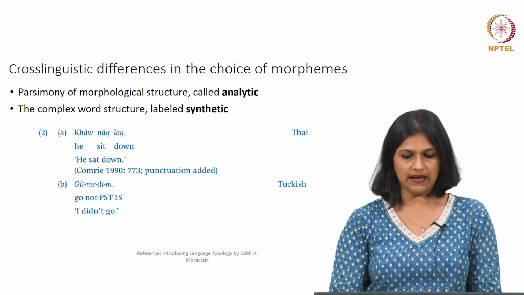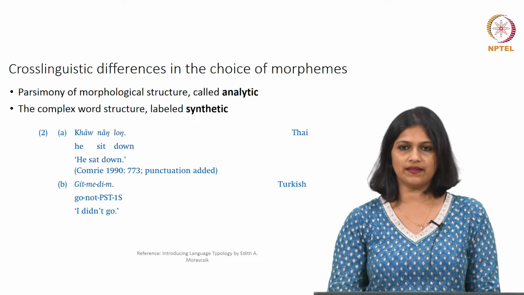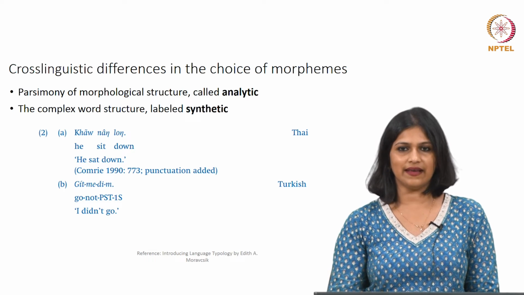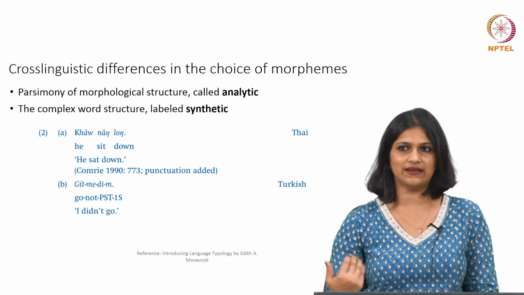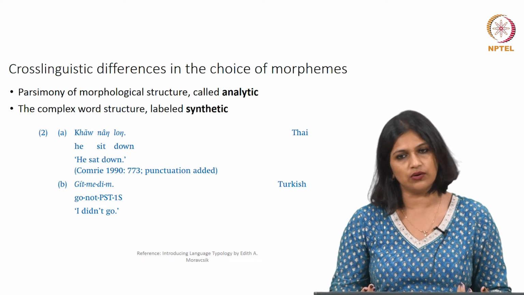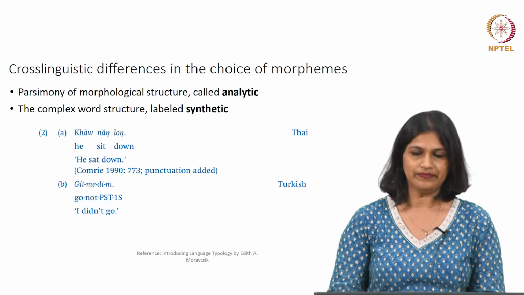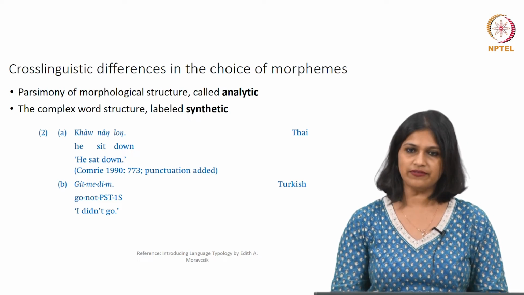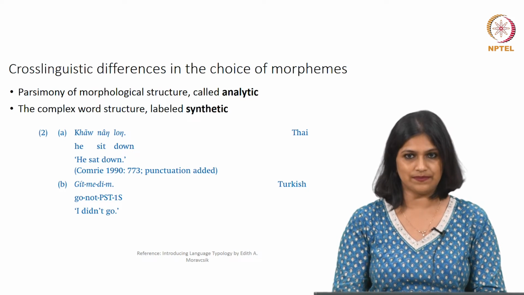Remember, languages like English and Chinese, or an Indo-Aryan language like Hindi, or a Dravidian language like, let us say, Telugu, have different kinds of morphological patterns, and these patterns are broadly divided into two types.